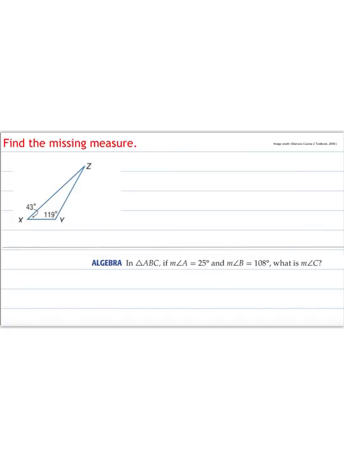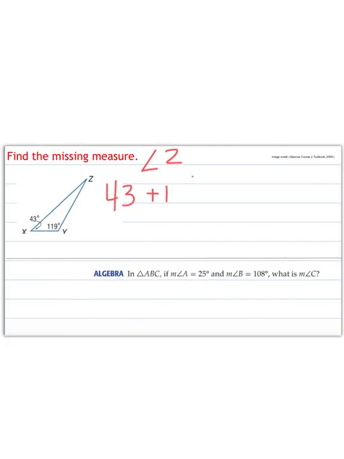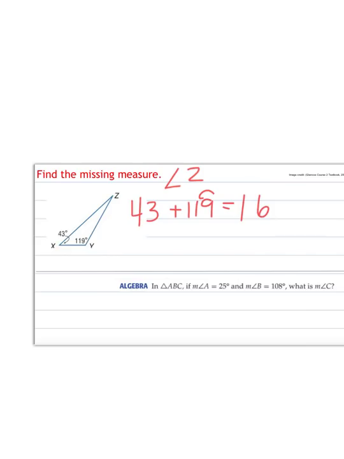So we have a couple examples here where we have to find the missing angle measure. In the first one, we have 2 of the angles so far, and we're looking for angle z. And this is our angle symbol, so angle z is what we're looking for. So we start by adding the 2 that we have together, so 43 plus 119 equals 162.